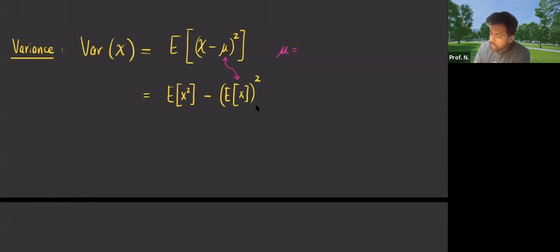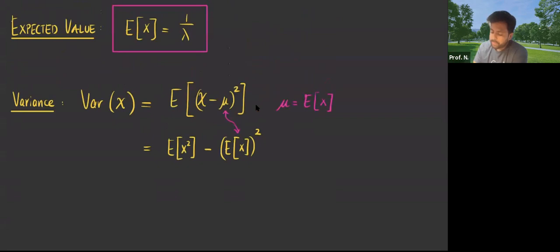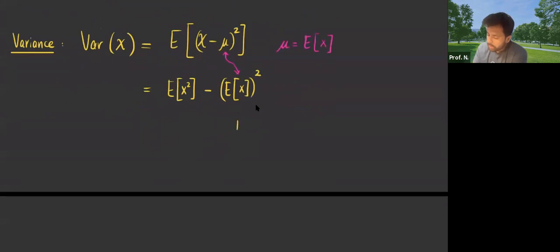Mu is equal to the expected value of x. We normally use mu to denote expected value. The nice thing is we already computed one of them, the expected value of x, which is 1 over lambda. So this will be 1 over lambda squared.